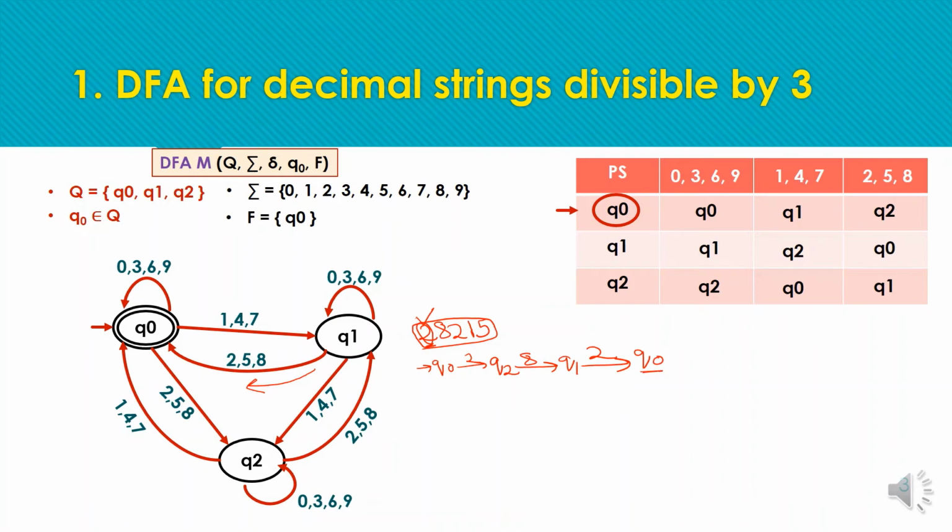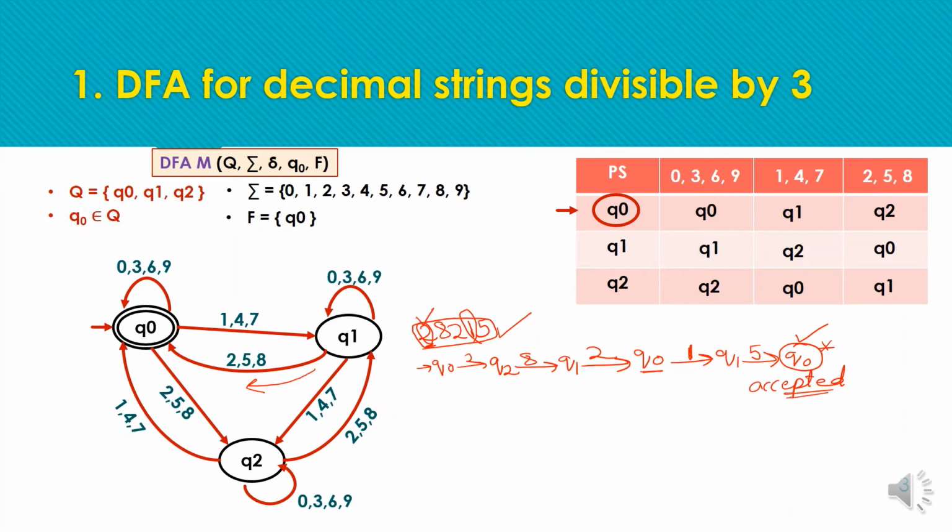Okay. Next, for the fourth input symbol 1, we are moving back to the state Q1 from Q0, and for the last input symbol 5, we are moving to the state Q0. And once the string is ended and we are at the final state, the Q0 state, the string is accepted.